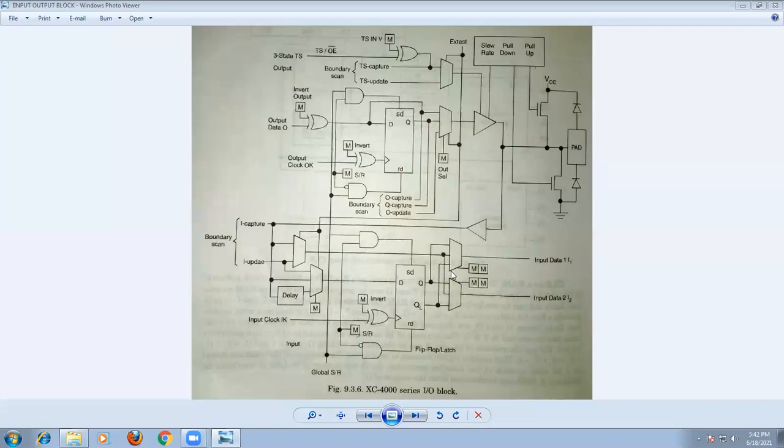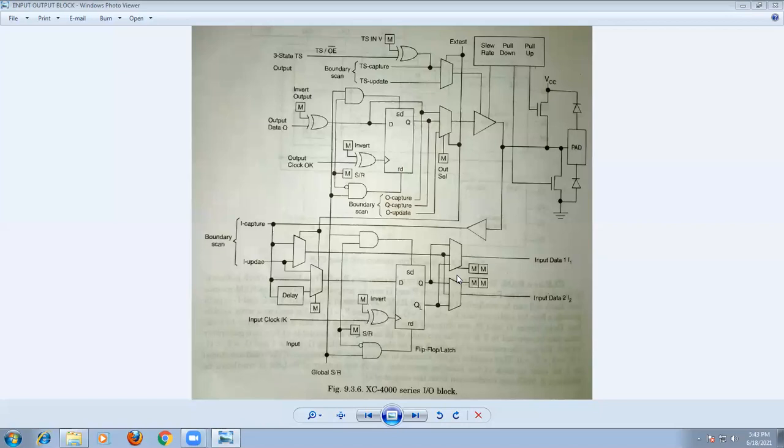Whenever we require a direct input, you can get the input directly, and in that case this flip-flop will be disabled.